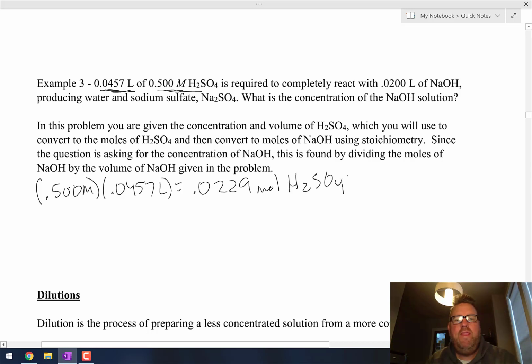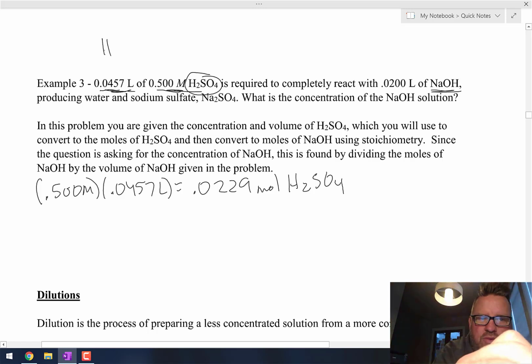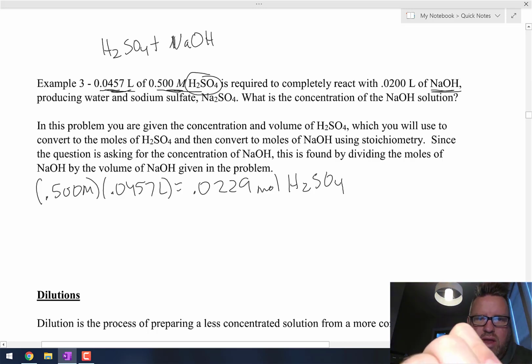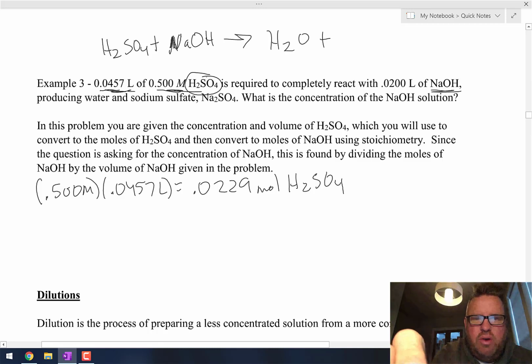0.0229 moles of H2SO4. Okay, and oops, I forgot to do the balanced equation here. Let's do that real quickly. So we've got H2SO4 is required to completely react with NaOH. So we've got H2SO4 plus NaOH produces, and it tells us, water, H2O, and Na2SO4.